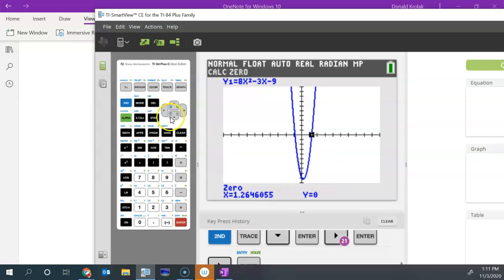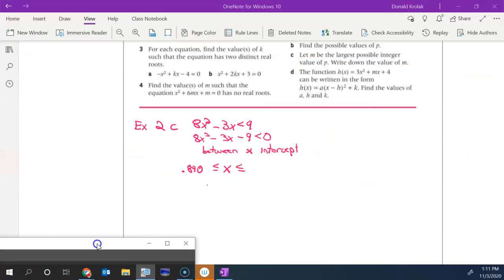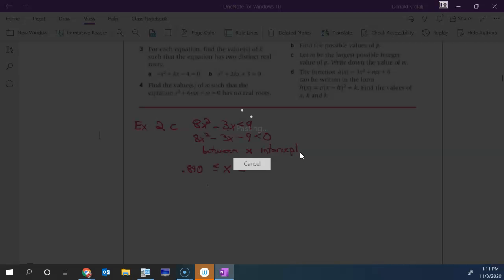And then you can draw your graph, right? Paste. I wanted to paste the picture, but okay. What was the decimal that we got on the right side?